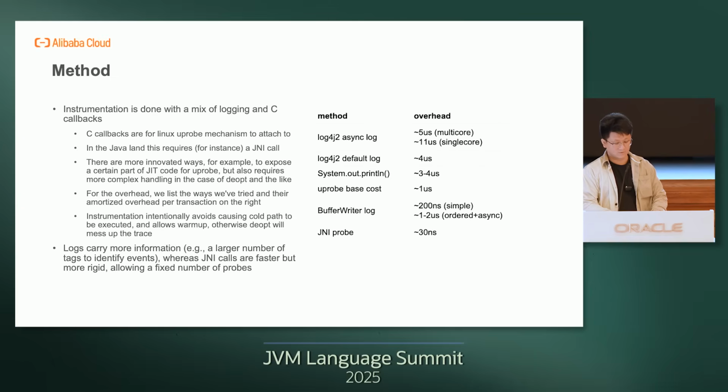I'll leave out details, but there are different costs associated with different logging mechanisms. Logs usually carry more information, because many transactions happen simultaneously, and you need tagging to identify individual transactions and match the start event and the end event. So logs carrying more information helps in this situation.